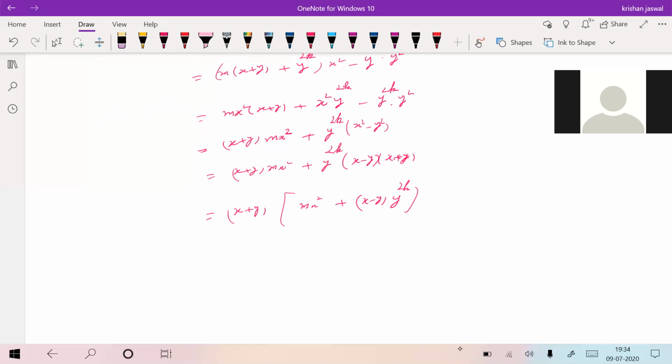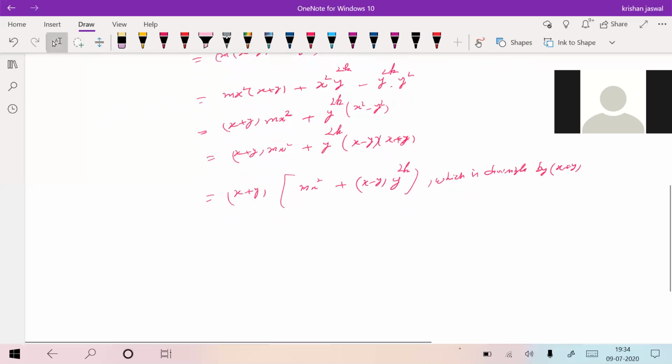Can it be divided by x plus y? Yes, it is divisible by x plus y.